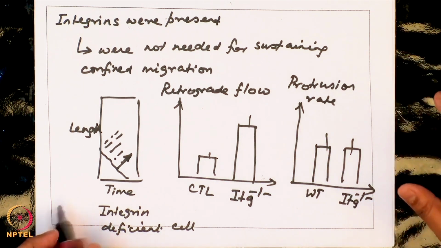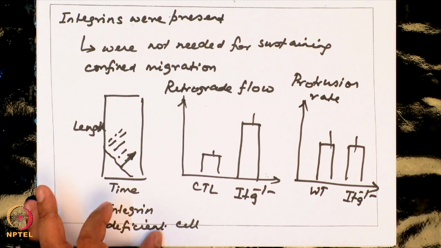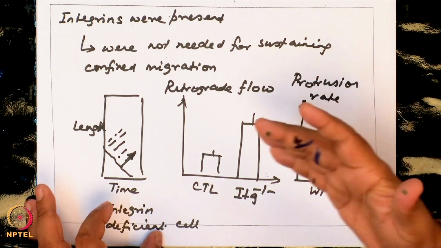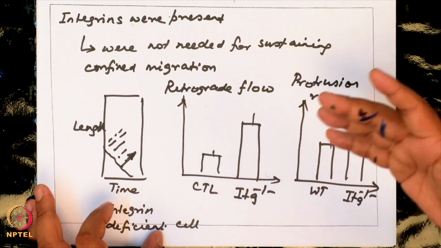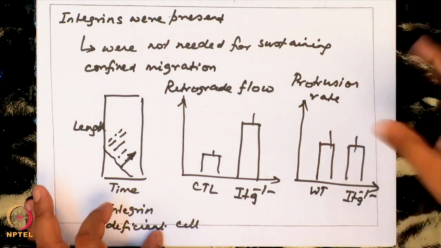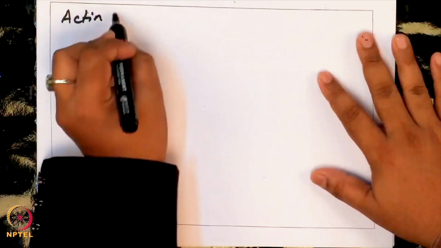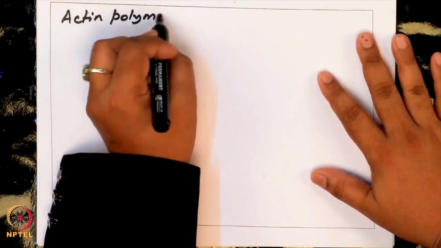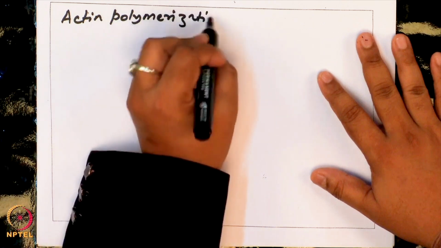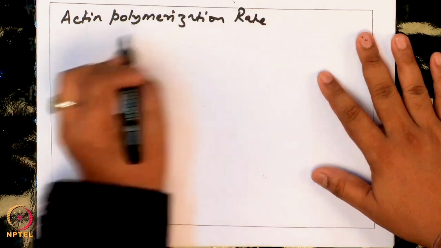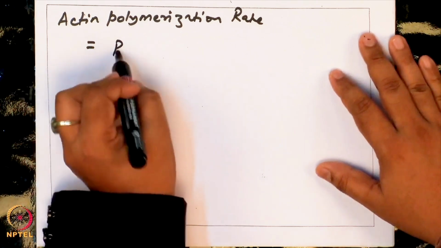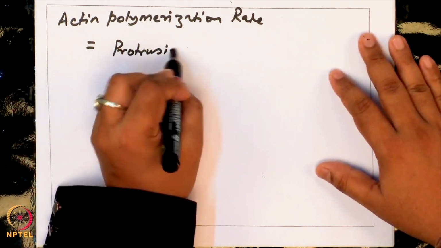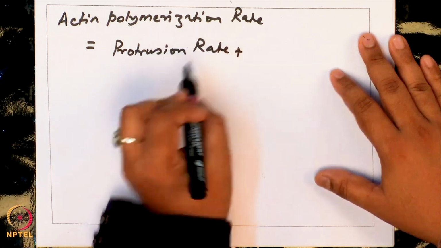So same protrusion rate. What this suggests is that when you remove the integrins, overall the actin polymerization rate changes. So what is actin polymerization rate? I can write down: the actin polymerization rate equals protrusion rate plus retrograde flow.